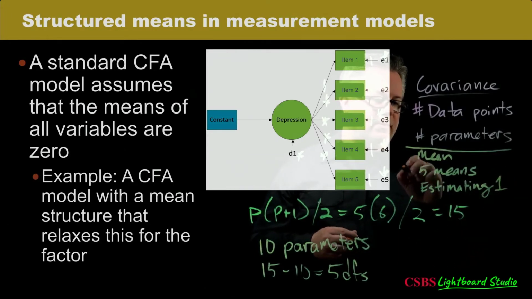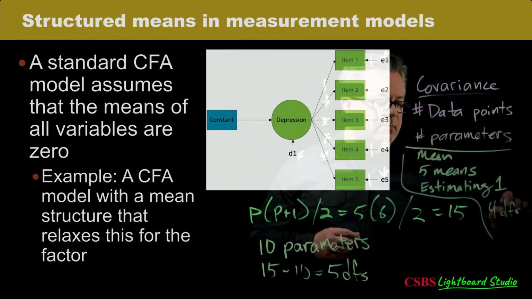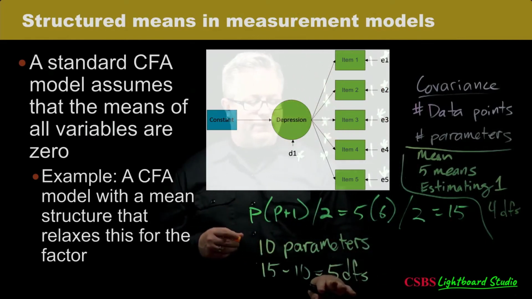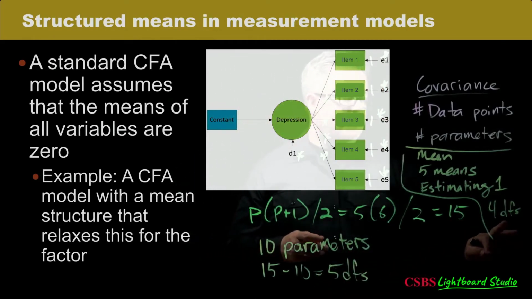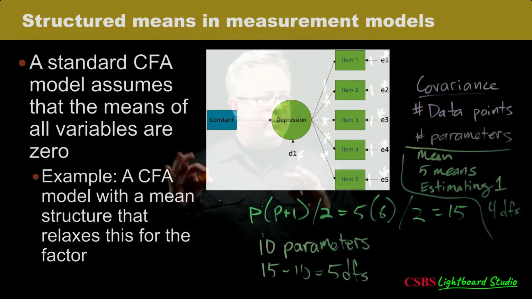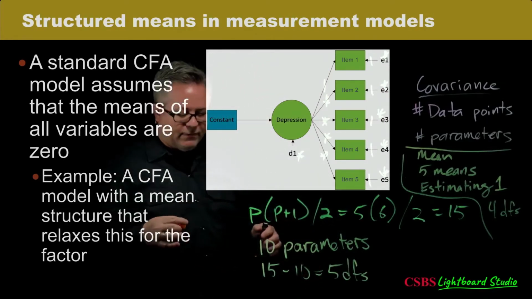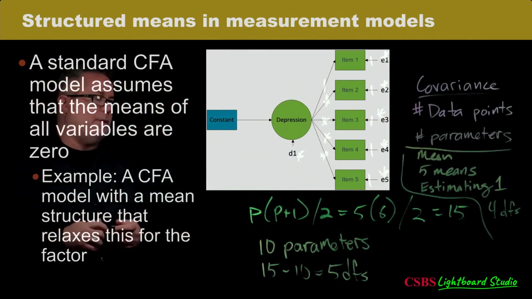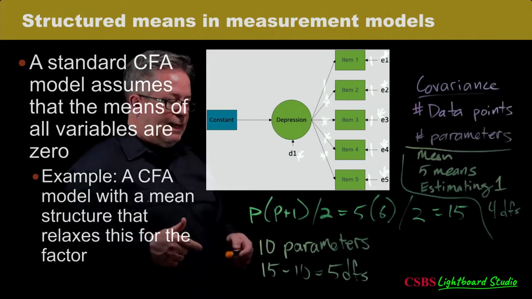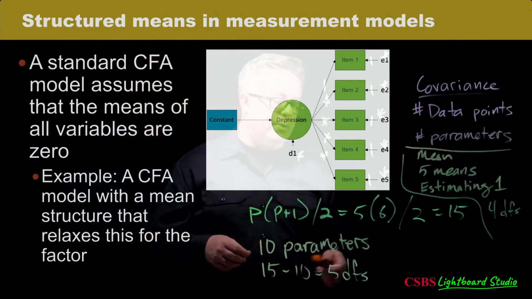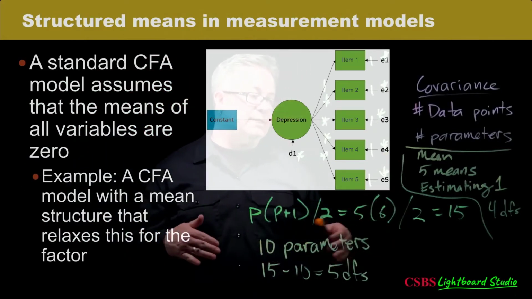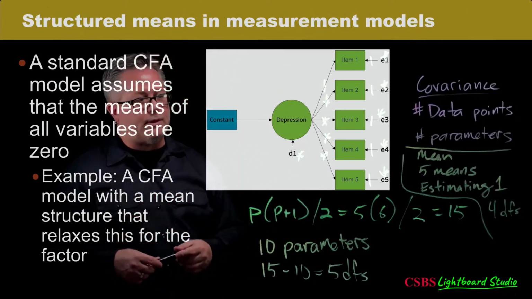So for the mean structure part, there are 4 degrees of freedom. Right, so I'm over-identified here, over-identified there, which means I should be able to fit this model. I should be able to estimate the model because both the mean structure and the covariance structure are at least just identified, but in this case they're both over-identified.